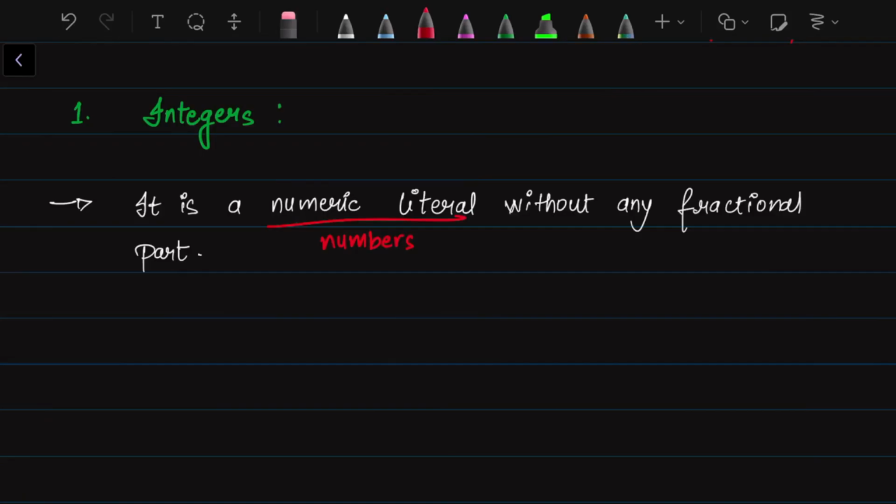For example, 1, 0, negative 35. All of these are integers, or you can say integer literals. They all are numbers, but they do not have any fractional part.